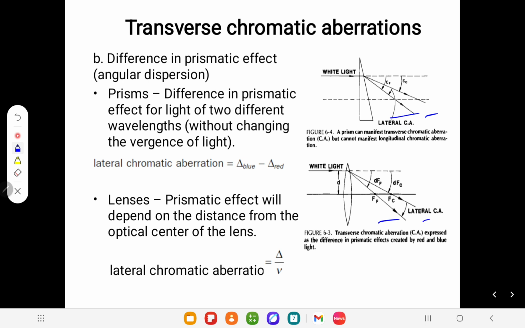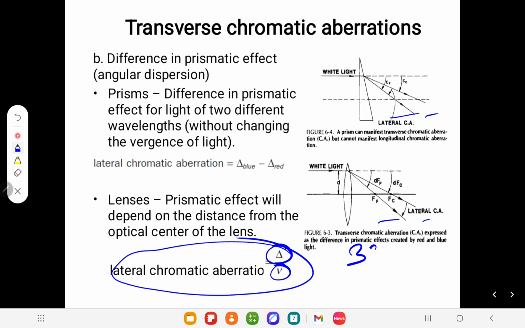If you want to know the lateral chromatic aberration, this is the formula, which is a very good formula. Let's see. This is the prismatic effect, and this is the Abbe value. Let's take an example. If someone has a polycarbonate lens, whose Abbe value is 30, and he has a very high power of 10, and the displacement is 2 centimeters, 10 into 2 is equal to 20, isn't it?